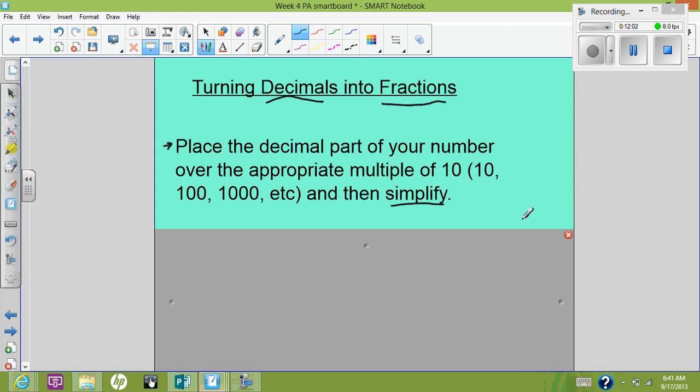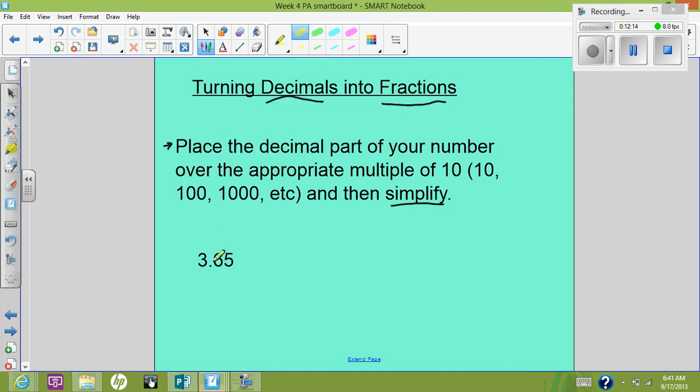You might be thinking to yourself, what, Mrs. Ott? I have no idea what you're talking about. And that's okay, because we're going to go through an example. If I have 3.65, I'm going to look for the decimal part of my number, which is 0.65.